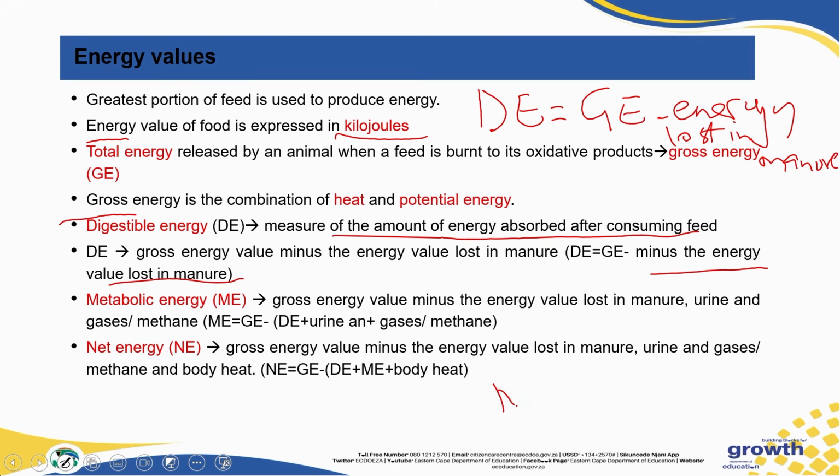You will say metabolic energy is equal to gross energy minus, in brackets, energy lost in manure plus energy lost in urine and gases. You will look at the values if you are given a value of gases.